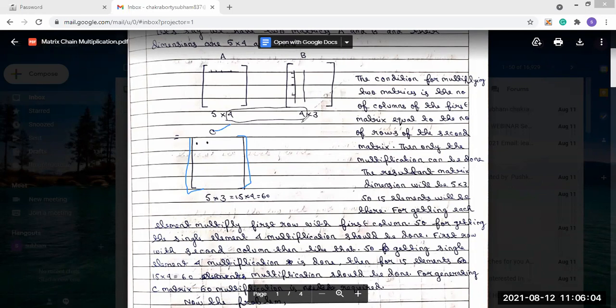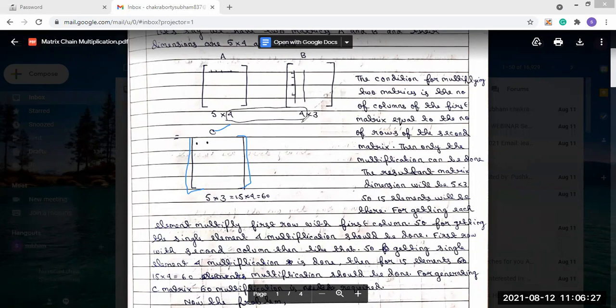To multiply, the first matrix column and second matrix row must be equal. Here the first matrix column is 4 and the second matrix row is what?